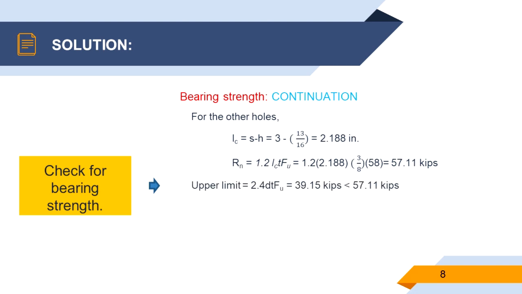We will now solve for the upper limit, which is equal to 2.4 d t Fu, and again substituting the values, we get 39.15 kips, which is less than 57.11 kips. Use Rn equal to 39.15 kips for this bolt. For 4 bolts, we will use the Rn computed for the shear strength and multiply it by 4, and we get 95.44 kips.